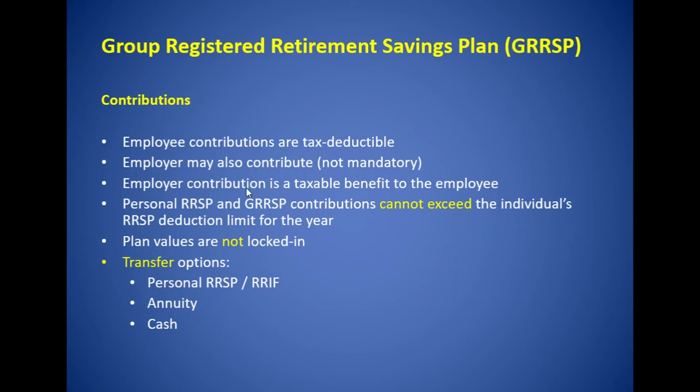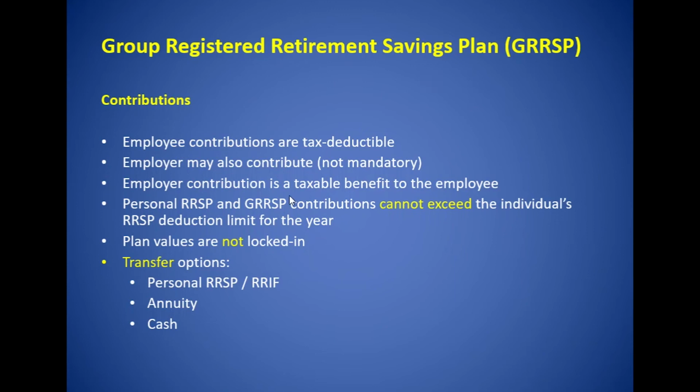Again, if the employer contributes any money, it is going to be a taxable benefit to the employee, and those total contribution rules, that formula still applies to both the employer and employee contributions. Now, this point simply says your personal and group RSP contributions cannot exceed that individual RSP deduction limit I talked about in the previous slide.